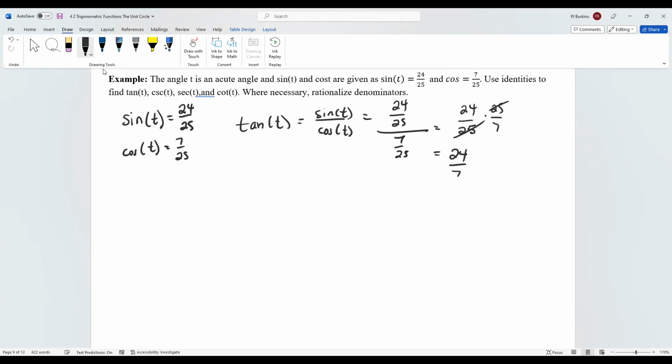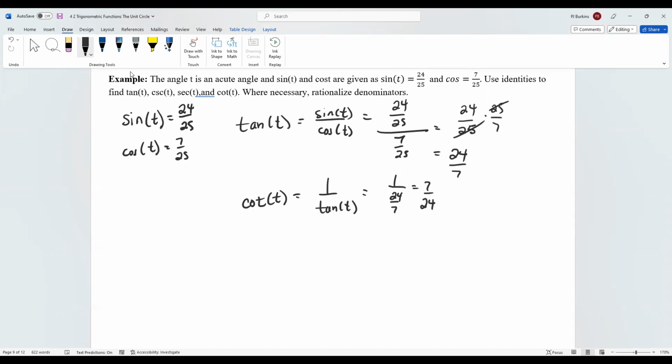I get 24/7, and that does not reduce very nicely, right? So we just have to leave that. Then I would go ahead and do the cotan, because cotan is just 1 over the tangent. And so that's 1 over 24/7, or 7 over 24.